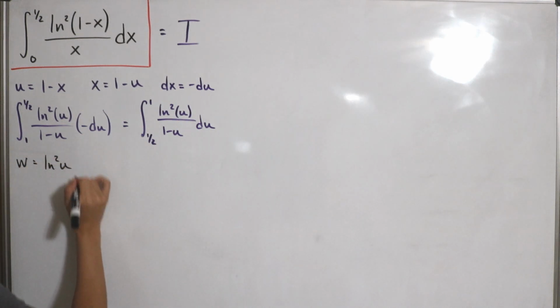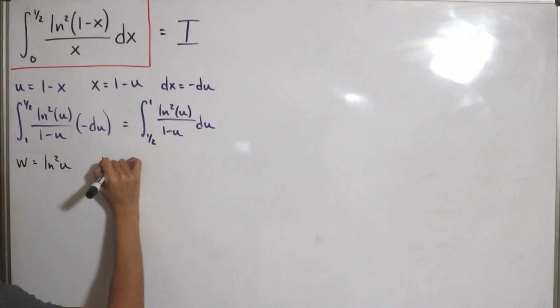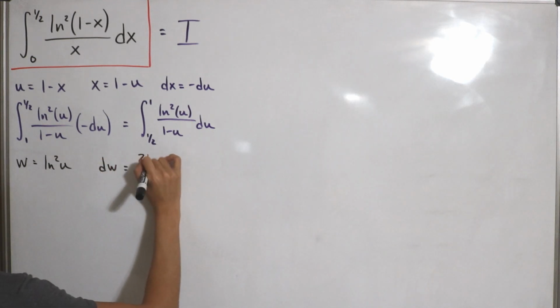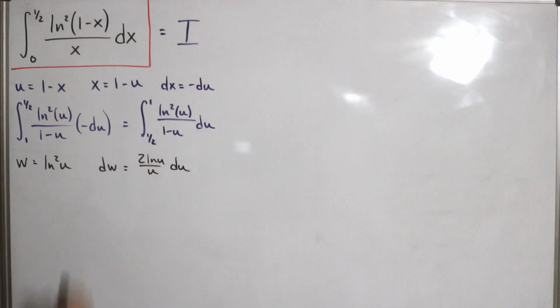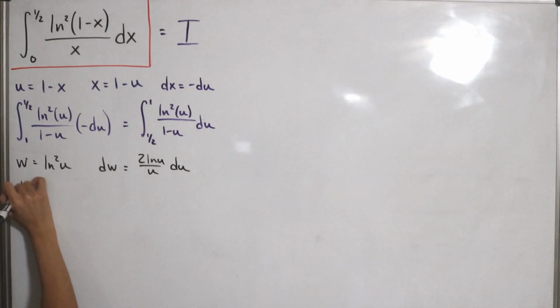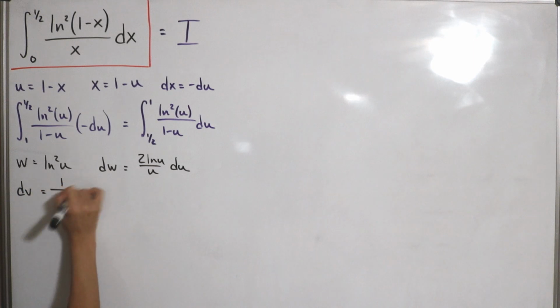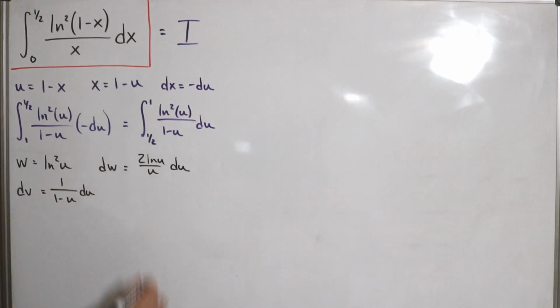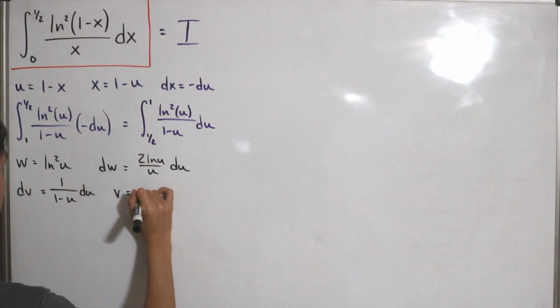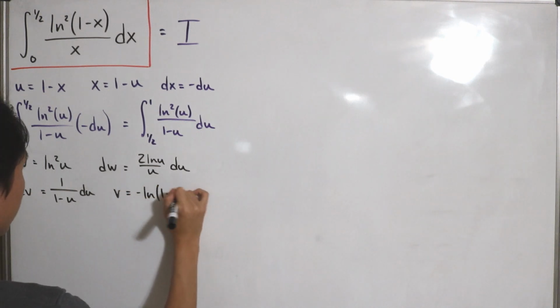If I differentiate both sides, that means dw is equal to 2 times ln of u divided by u, and then du. Next is to choose our dv substitution. We're going to let this be 1 divided by 1 minus u, and then du. If I integrate both sides, we have v equal to negative ln of 1 minus u.